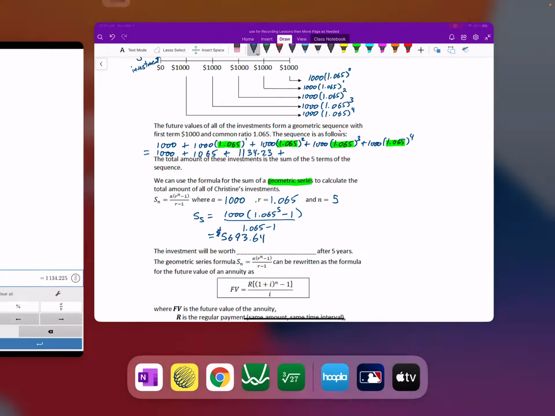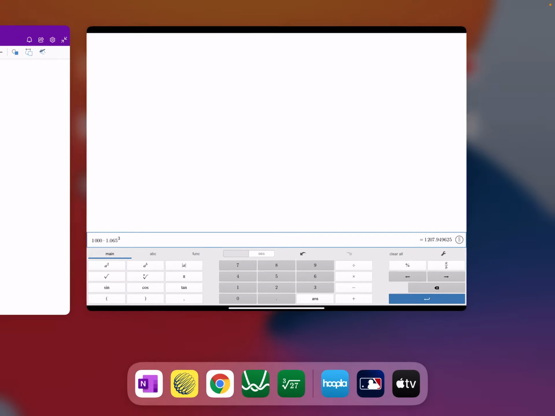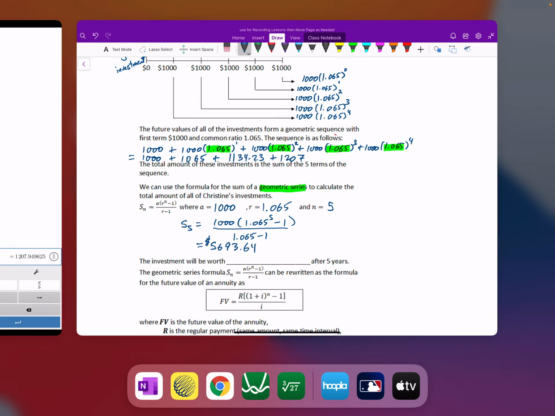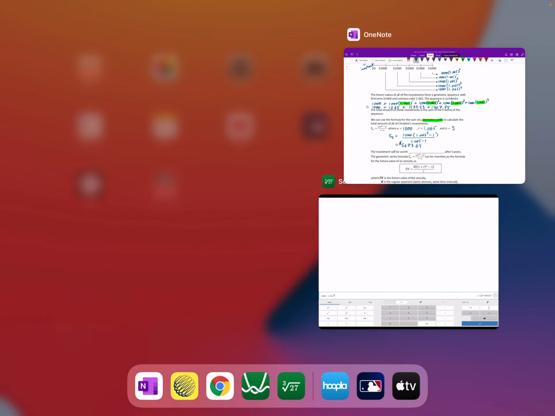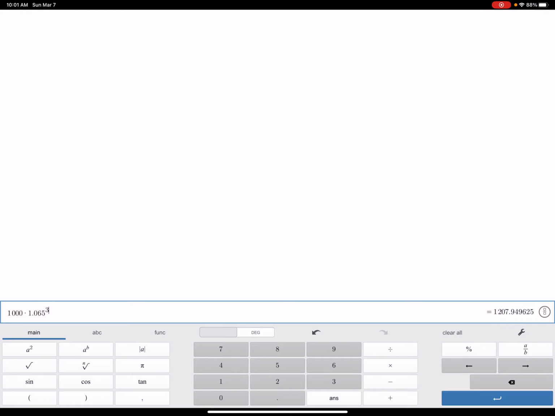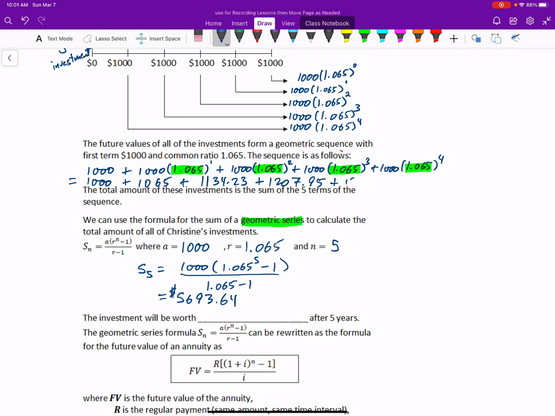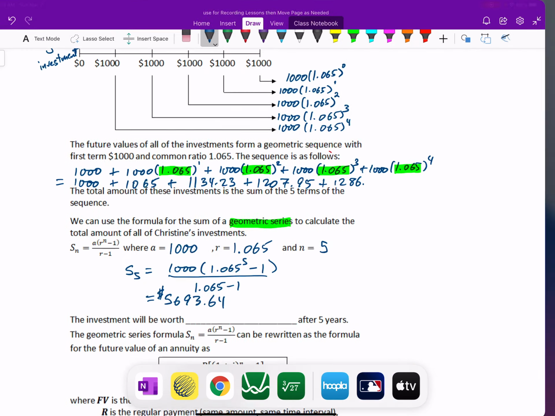All right, so the next one, if I change the exponent to a 3, becomes $1,207.95. And then the last one, if I change the exponent to a 4, becomes $1,286.47.